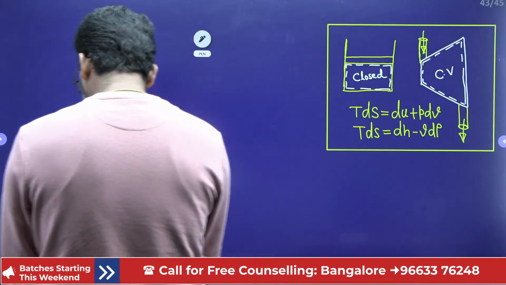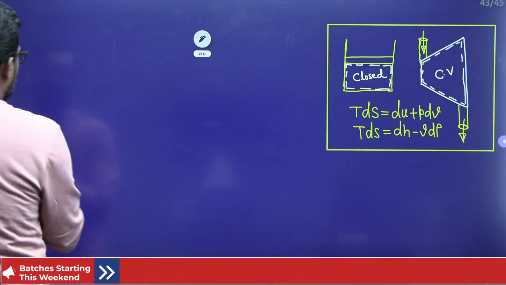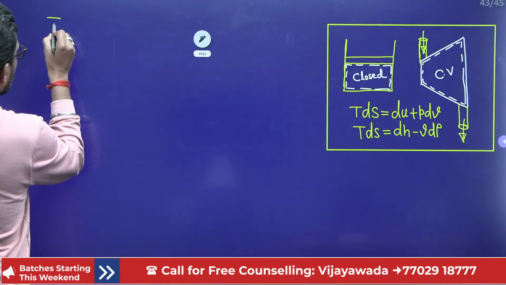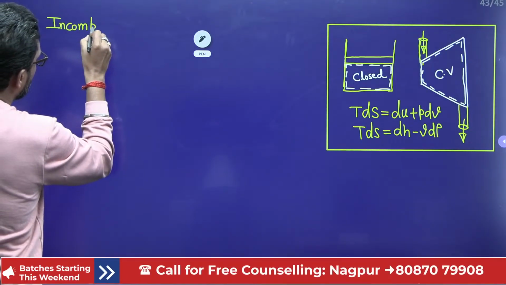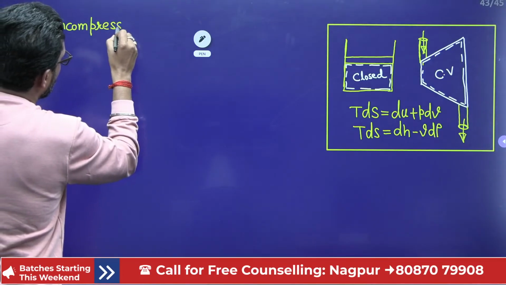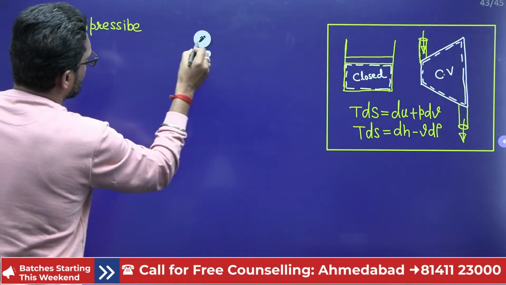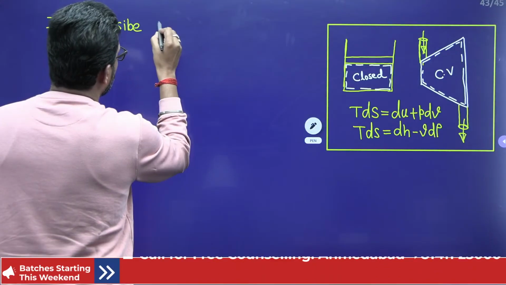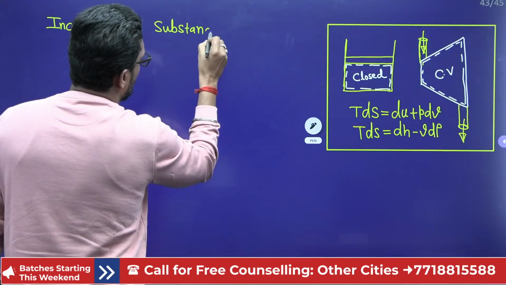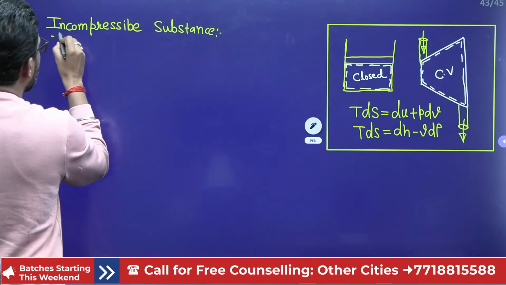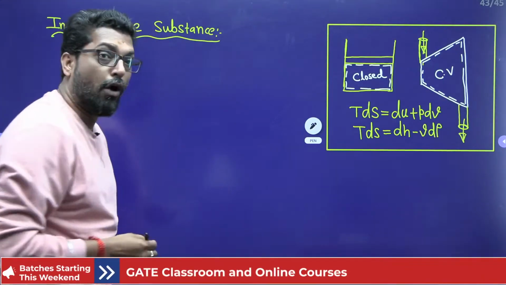Let's suppose an incompressible substance. We take incompressible, that means the volume is constant.